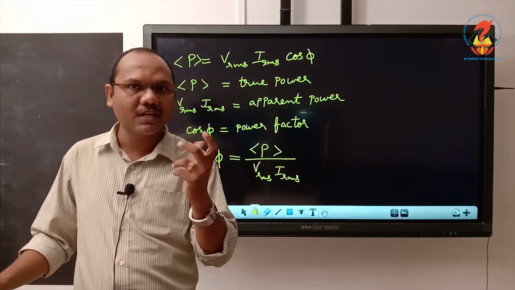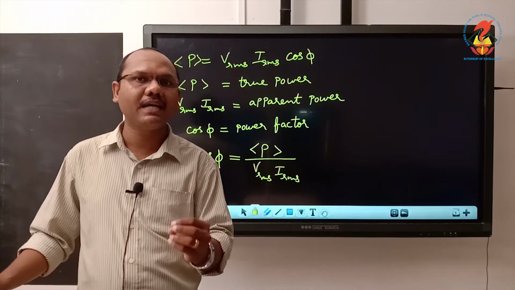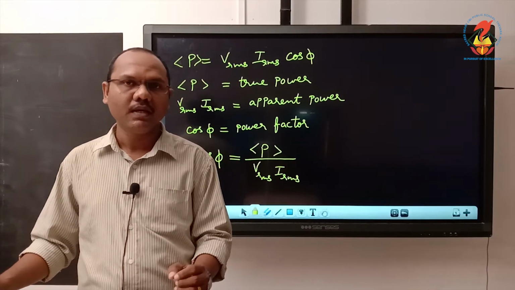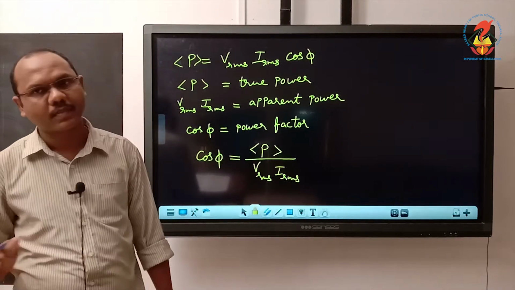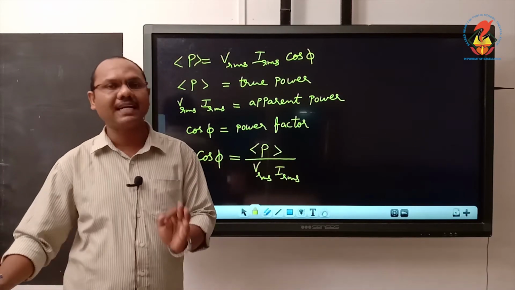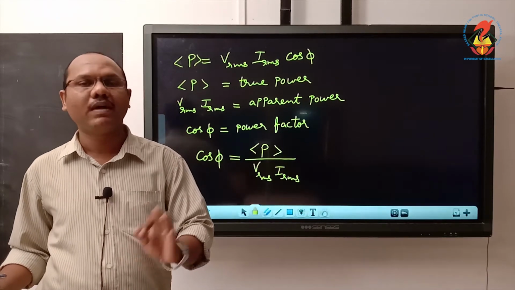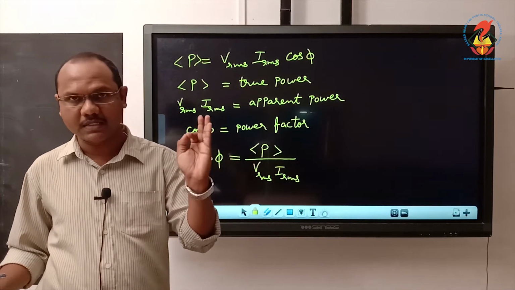So power consumed by the circuit is 0 for a purely inductive or for a purely capacitive circuit. This is called wattless current. Wattless current means the power consumed by the circuit is 0 when it flows through a purely inductive or a purely capacitive circuit.